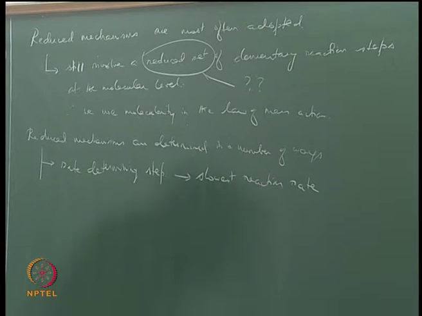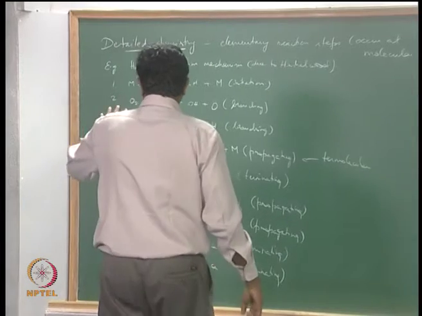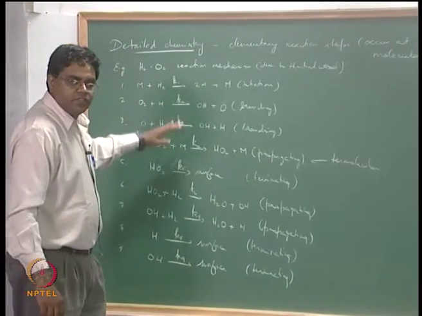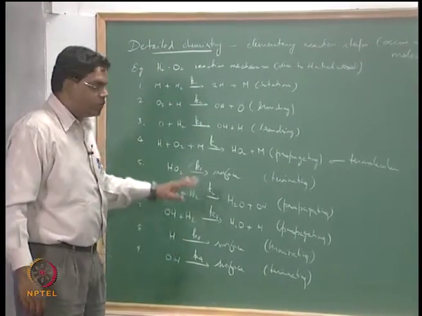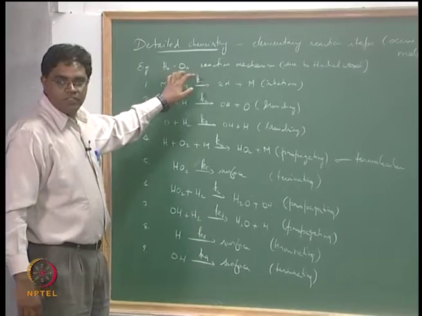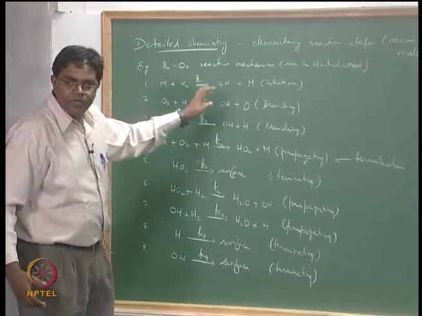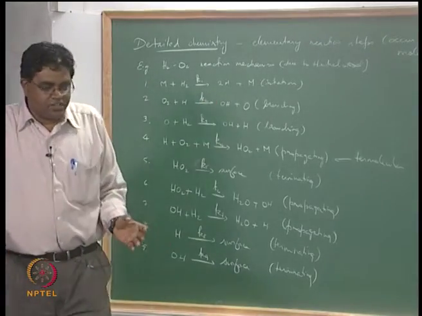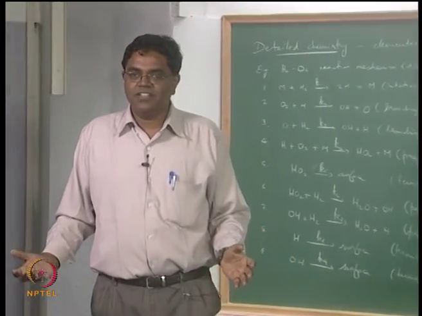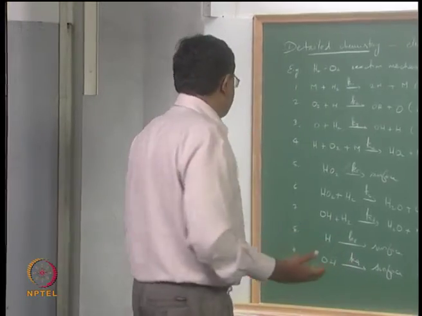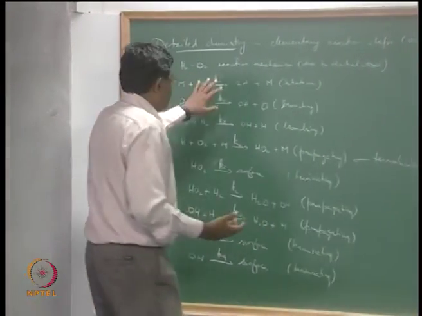So if you have a sequence of reactions that are happening, I have an example of a reduced set put up here, for something as simple as a hydrogen oxygen system, and you would think that it is only hydrogen and oxygen, there is nothing more, but look at how many things are going on over there.